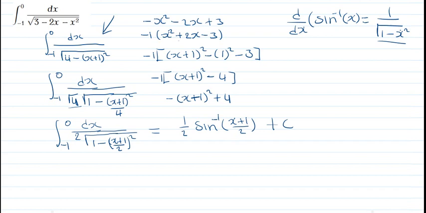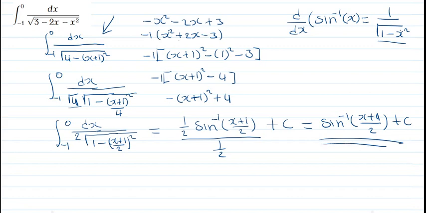So when you differentiate, the inside function is giving you 1 over 2. Then we are going to say everything over 1 over 2. Simplifying this part, it's going to give us sine inverse of x plus 1 over 2 plus c.